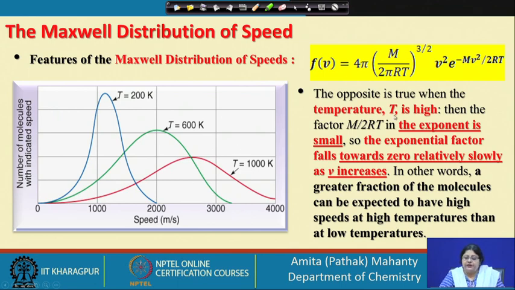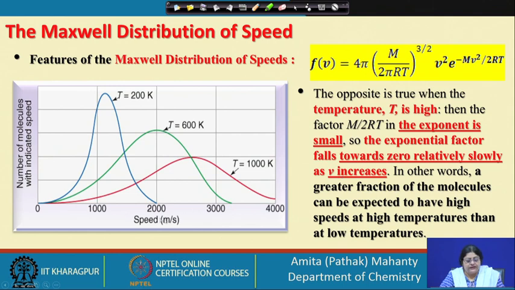Now, when the temperature is high, you see temperature is in the denominator of the exponential term. Okay? When the temperature is high, then the factor m by 2 RT in the exponential is small. So, the exponential factor falls towards 0 relatively slowly as v increases.